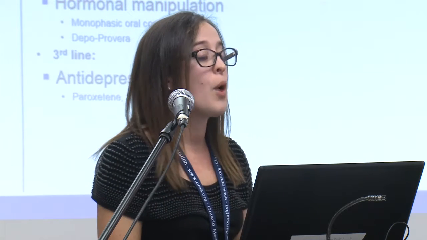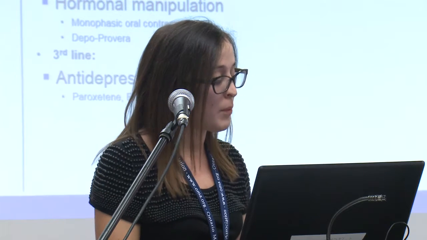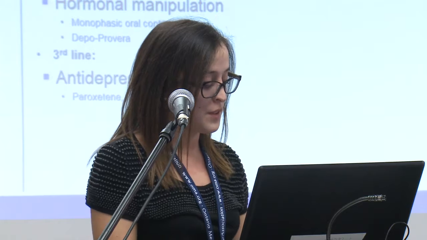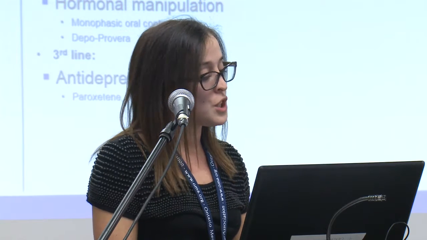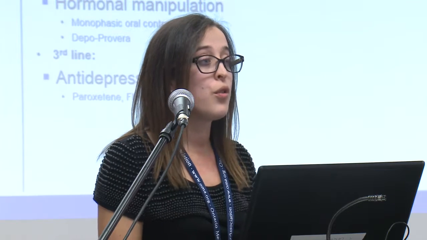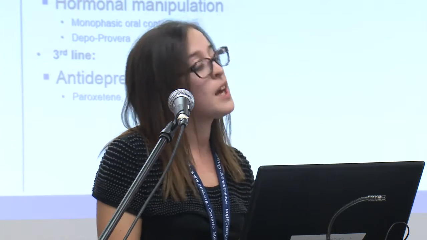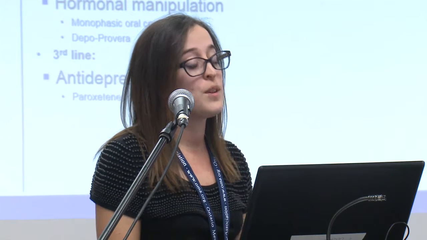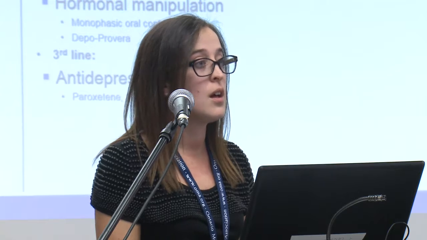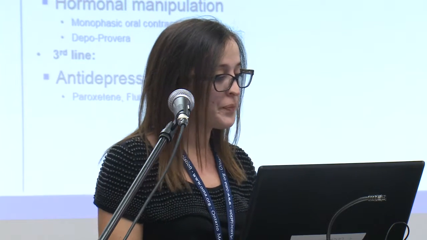It hasn't been studied in the population with autism, but it's definitely a consideration to keep in mind. And finally, there's the use of antidepressants with SSRIs. Again, in the general population, fluoxetine is an SSRI that is commonly used for the PMS or PMDD symptoms. There have been case reports of girls with autism where much better benefits have been seen with the use of paroxetine. But these are very few and more anecdotal in nature.